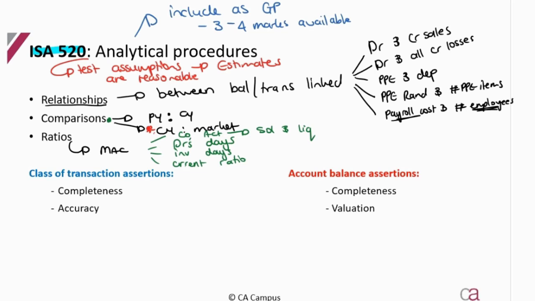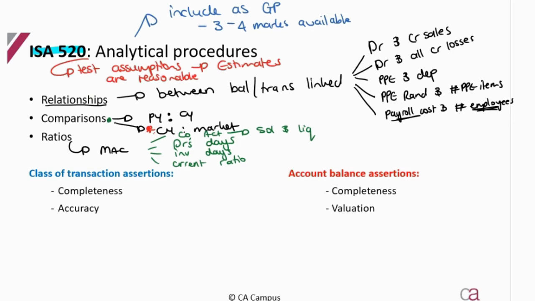But if I were to have chosen to go with a substantive approach, then I can't only rely on reasonable evidence. So that's why I would do less analyticals and more test of detail, because I need to get evidence, and a reasonability test is not sufficient evidence.